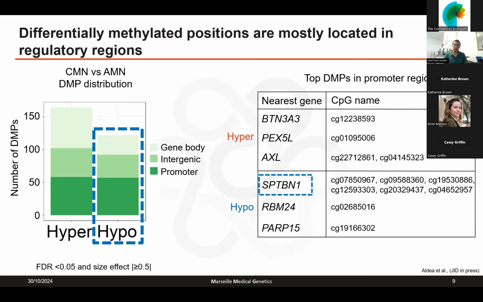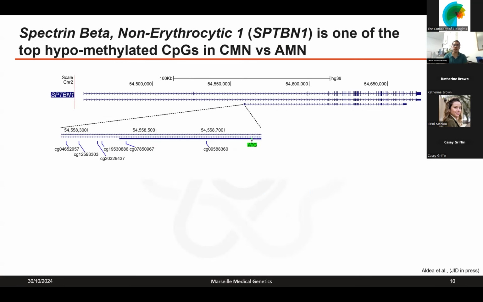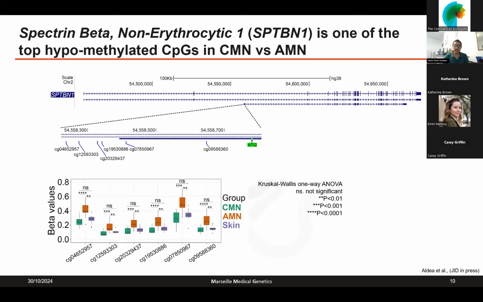So next. This is the genomic landscape of spectrin beta. And you can observe what I just mentioned, that many of these CpGs were located in an alternative promoter of this gene. And we observe that for each of these positions, the methylation was less in CMN compared to AMN, but not to the skin.